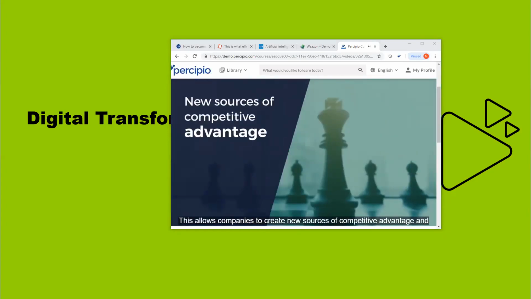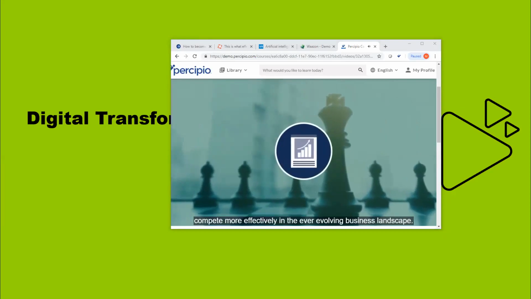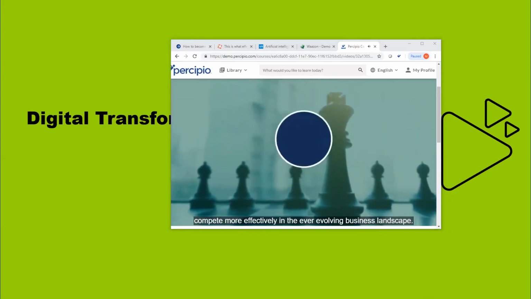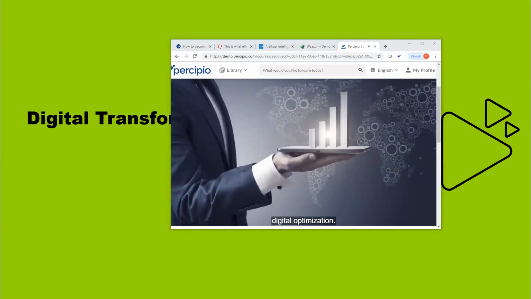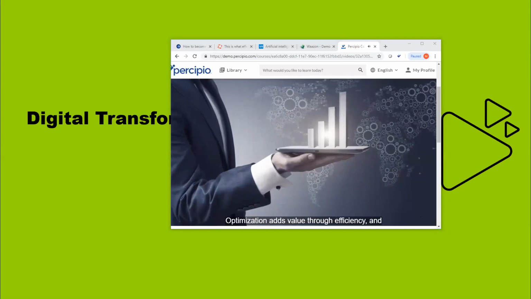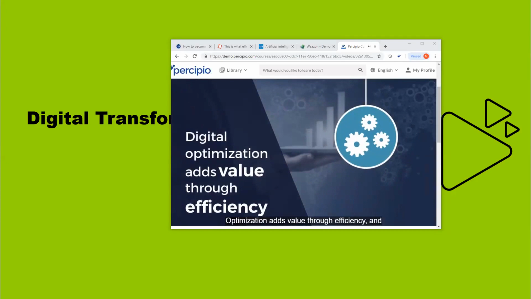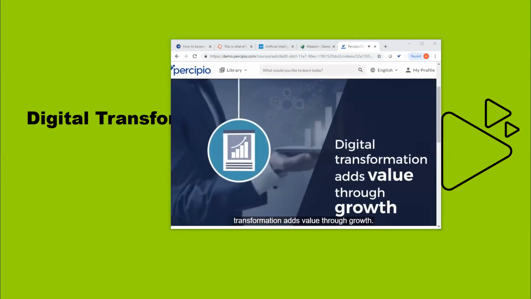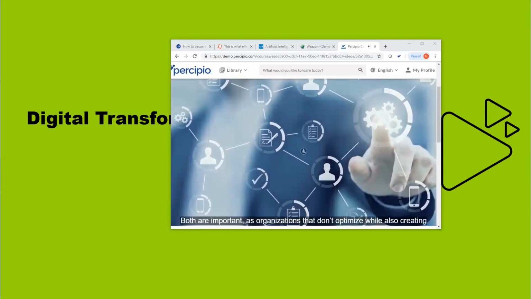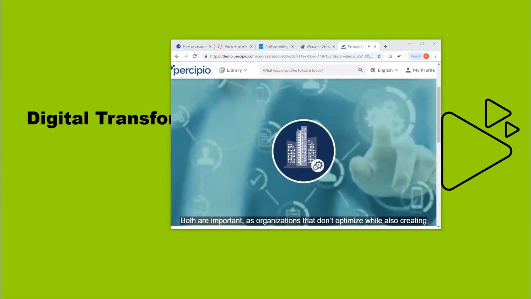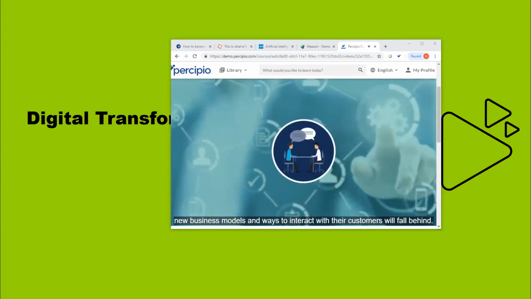This allows companies to create new sources of competitive advantage and compete more effectively in the ever-evolving business landscape. Companies also need to distinguish between digital transformation and digital optimization. Optimization adds value through efficiency, and transformation adds value through growth.